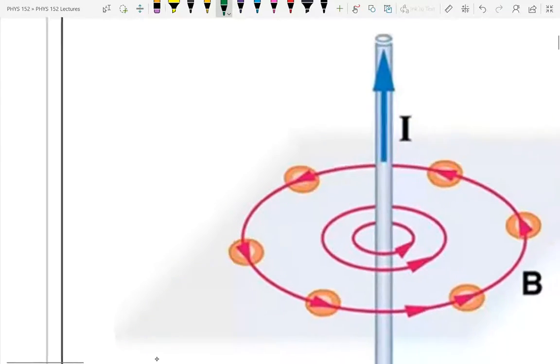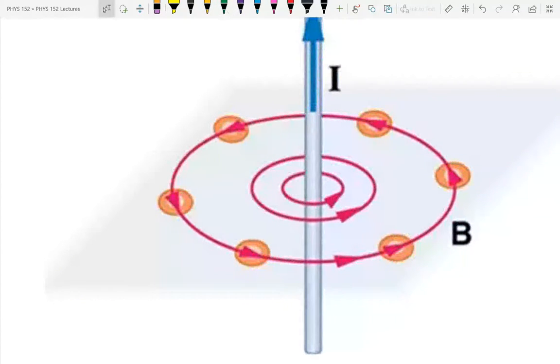Going back to our picture, we have a certain symmetry. We know that the magnetic field has to make circles around the wire. And the magnetic field strength can't vary if I stay at the same radius, because what difference does it make what angle I view it from if it's a wire? It only matters how close or how far I am. So the magnetic field has to be constant at constant radius.